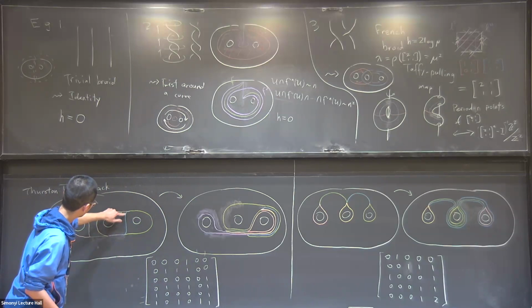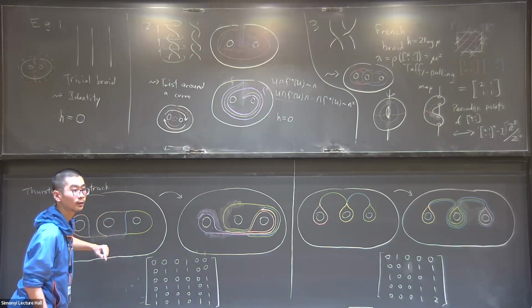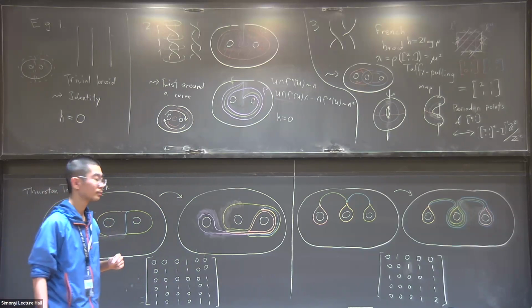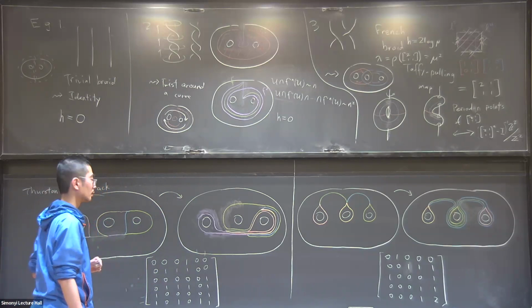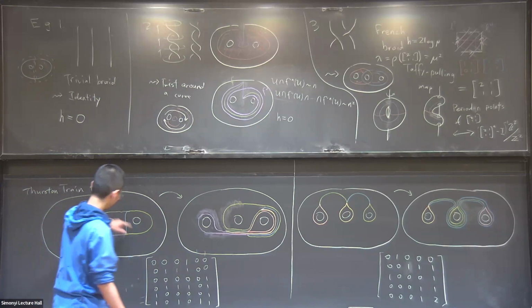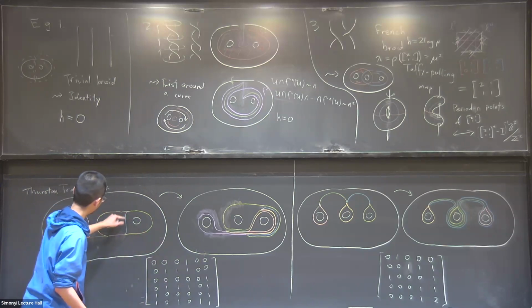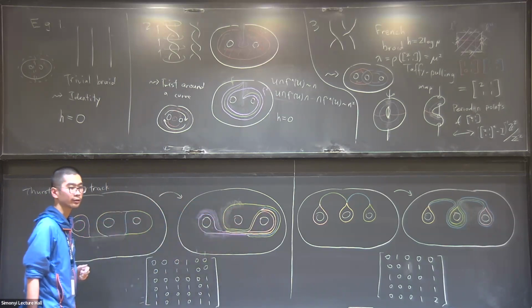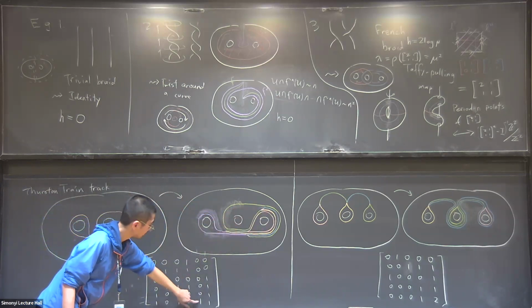It's like an abelianization of the image. The image is a sequence, but then you forget about the order. Yes. So another example is if you look at the image of blue, it goes around like that, so it just crosses the yellow ones. So there's a 1 here.